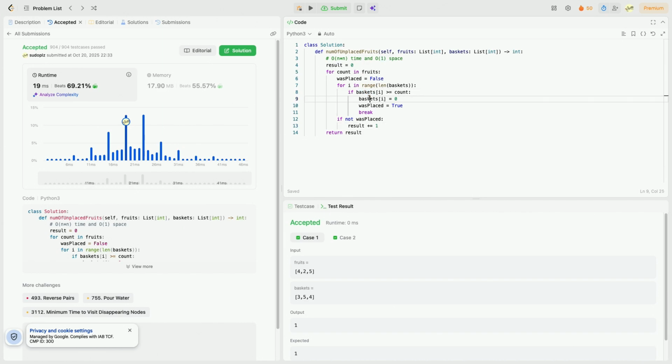Even if we reduced the number of baskets in every step, it will still be O of n squared. And we need to maintain the order of the baskets, so we can't just pick any basket where it fits. Yeah, I think I'll leave it at that. That's going to be my solution for this problem.